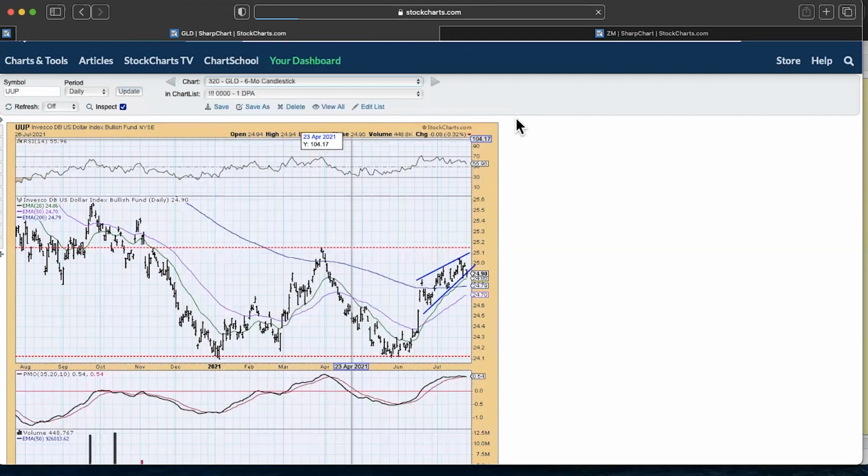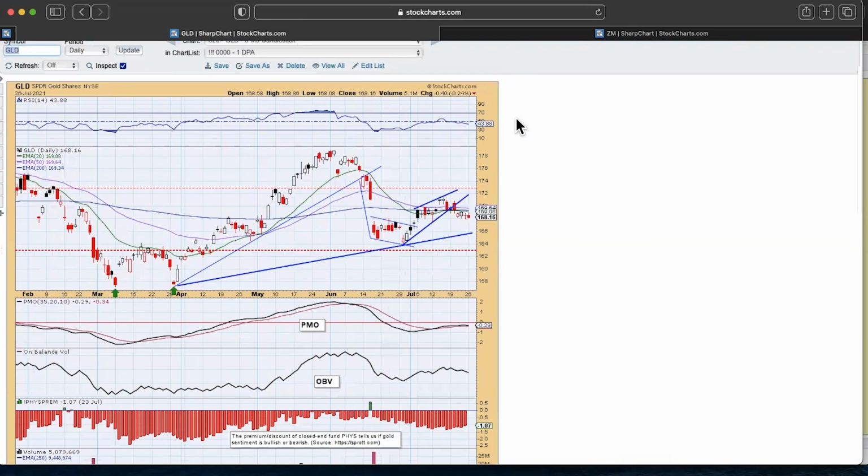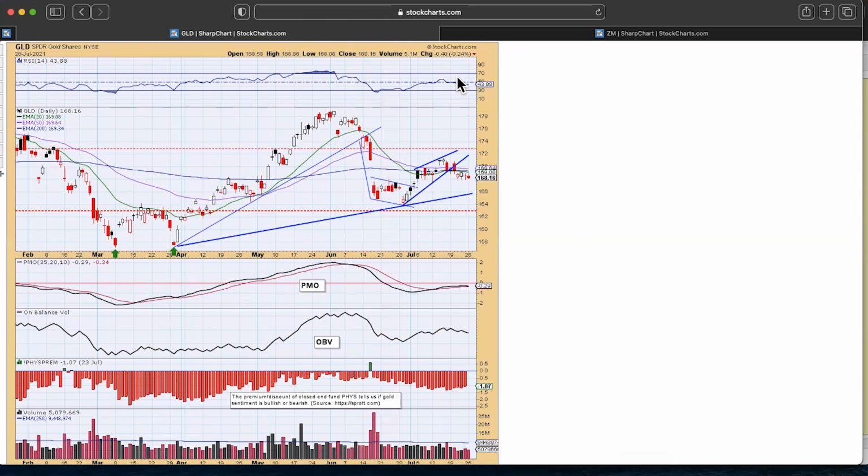So let's look at the gold chart. You can see that the RSI is negative here on gold, and the PMO, while it is above its signal line, is just looking very disinterested in getting above that 0 line, which is what we want to see.